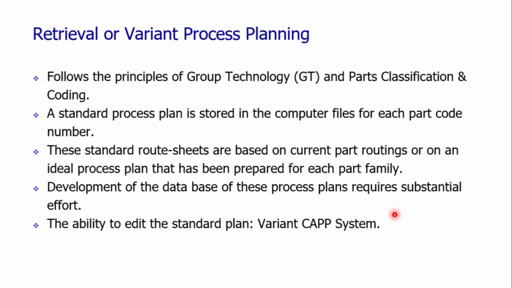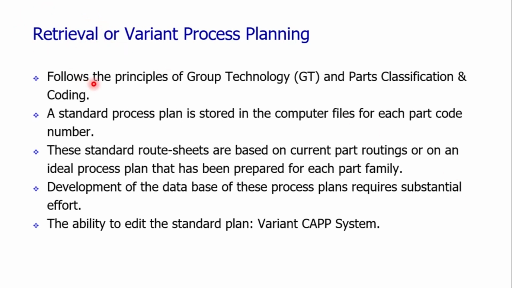So that ideal process plan will be prepared for each part family, and when a new item or new part is coming into the part family based on its geometrical similarity or the manufacturing similarity, this existing process plan will be utilized to create the process plan for that part. So it is retrieval based.